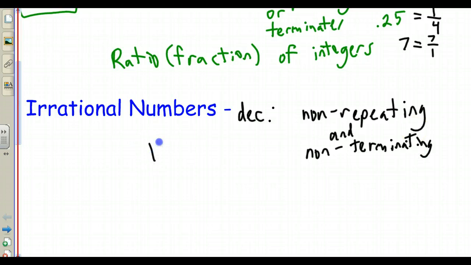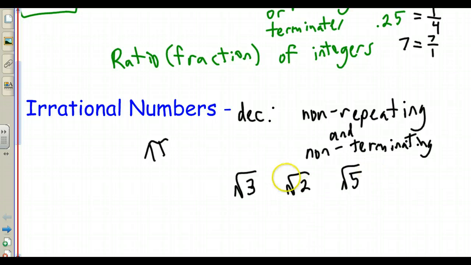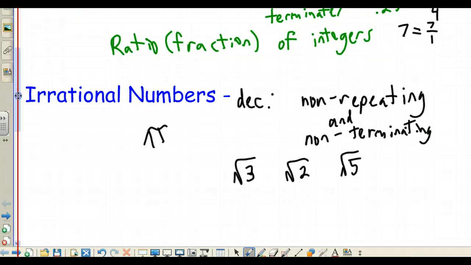And so pi would be a classic example of that. Another example of an irrational number might be something like square root of 3, or square root of 2, or square root of 5. Any non-perfect square number there. Their decimal keeps on going forever, and it never, ever terminates.